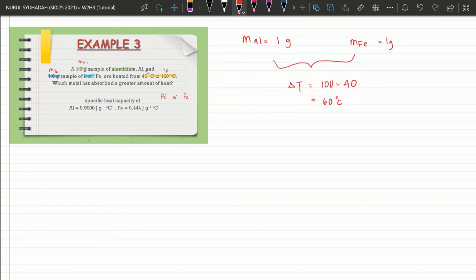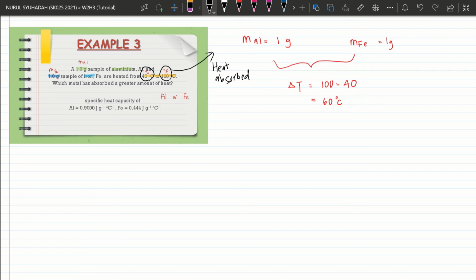But you still need to identify whether it is heat absorbed or heat released. So since here the final temperature is higher than the initial temperature, it shows that this is heat absorbed. Spell absorbed, A-B-S-O-R-B-E-D. Okay, thank you.